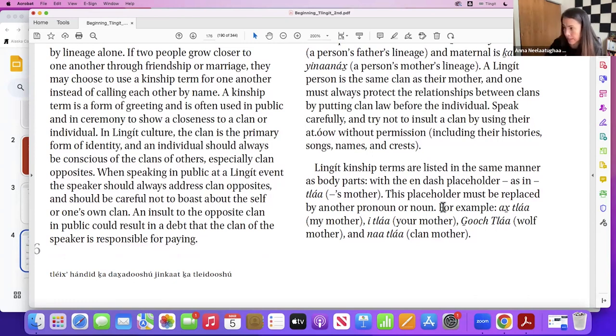So when he says the n dash, he's talking about when you look in the dictionary, if you look up the word mother, I'll just show you. It'll have a dash like this in front of tla, telling you that you need to put whose mother there. You don't just say tla on its own because it needs to be connected to whose.